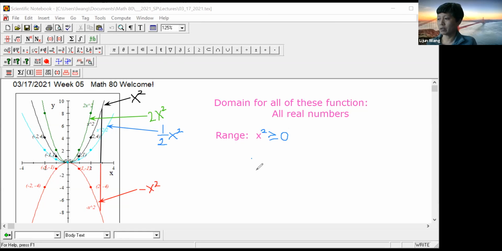How about 2x squared? 2x squared is also greater than or equal to 0. Half x squared, the range is also greater than or equal to 0. You see the convenience of using inequalities. How about negative x squared? Negative x squared, when we multiply the inequalities on both sides by -1, is going to be less than or equal to 0, just like the picture has told us.